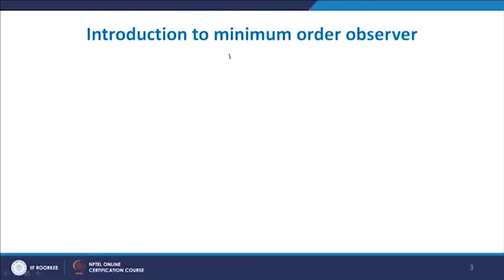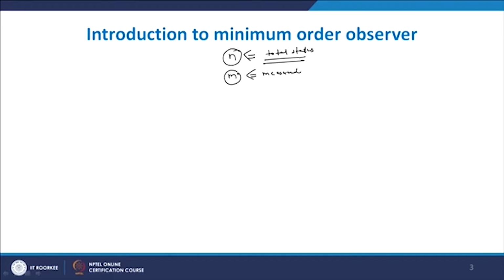That means, suppose the system has n states and there are m states which are measured, and n is called the total states and m the measurable states.